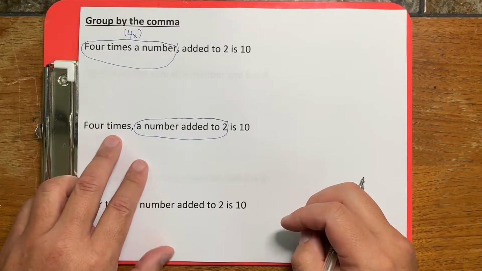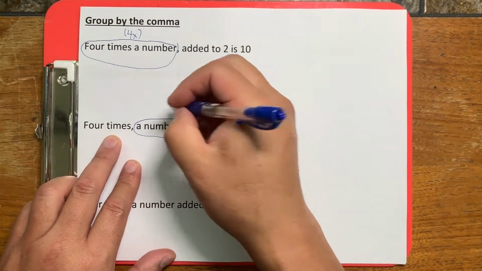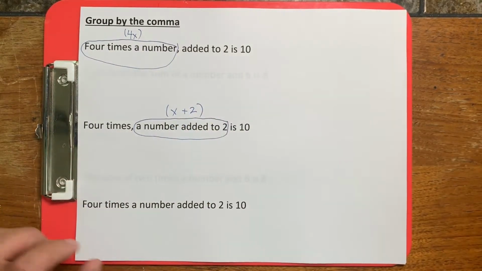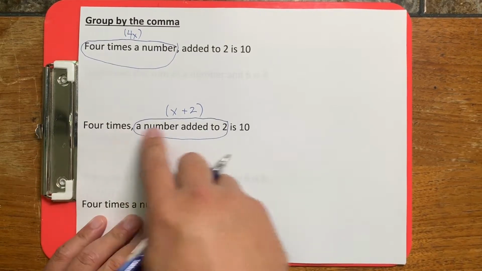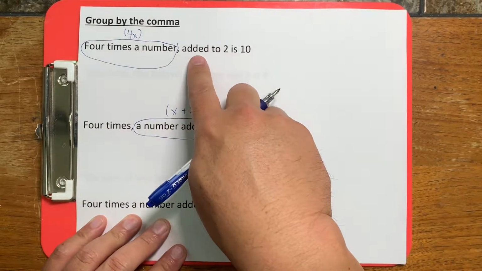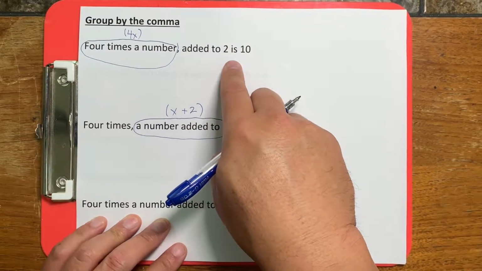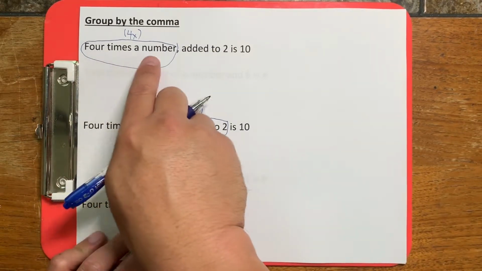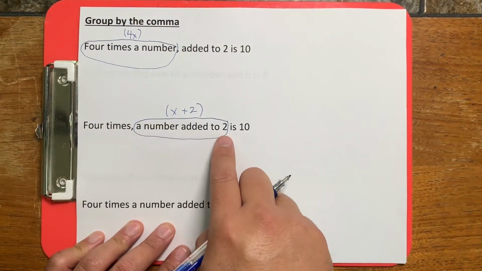When we say 4 times, pause, a number added to 2, this is what we do first. It's impossible to do this first because this is just 4 times. 4 times what? And this is impossible to do first because it just says added to 2. What are you adding to 2? Over here, we have a complete little expression.